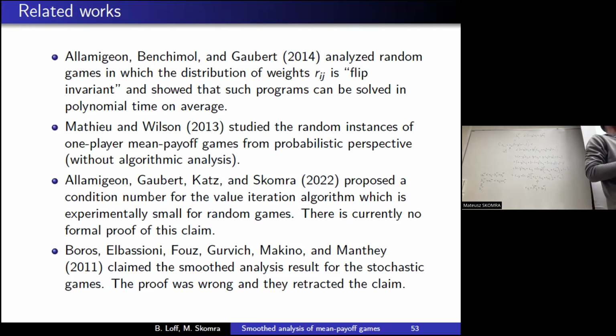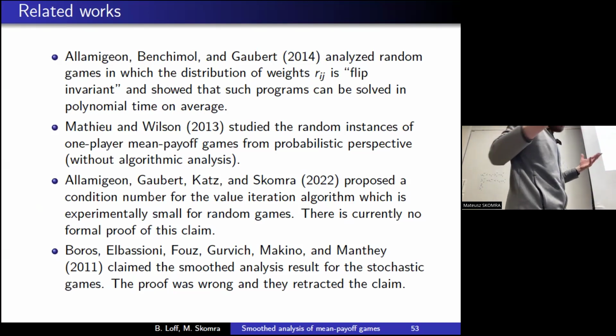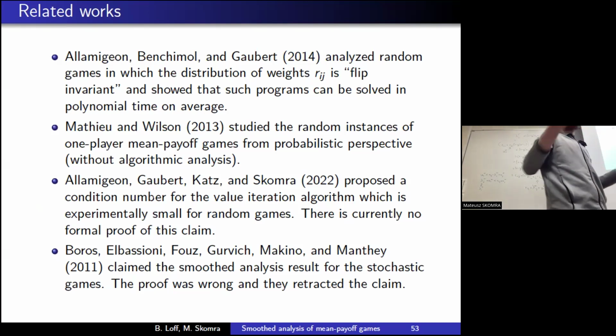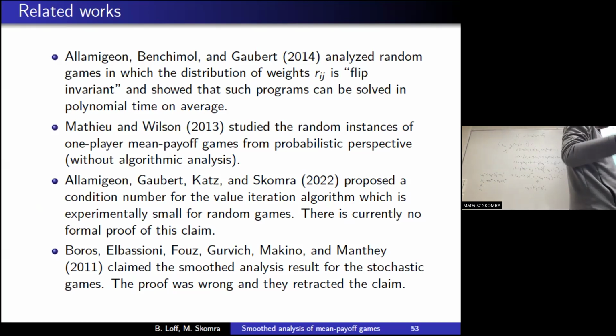If the condition number is low, then it's efficient. But in the paper, there is no proof that the condition number is low. The paper just says that intuitively it could be low, and experiments suggest that it may be low, but there is no proof that it's actually low.